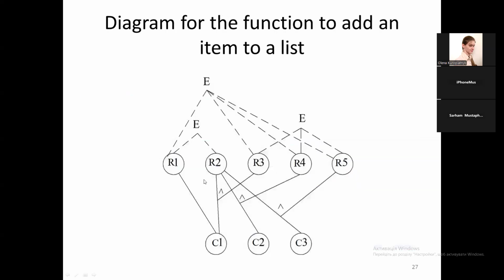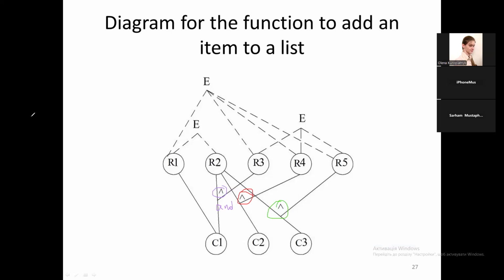For example, reason 2 and reason 3. This sign has the meaning of and. Reason 2 and reason 4, and reason 2 and reason 5, and reason 1 is an independent reason. If I have this reason, I will have this result.